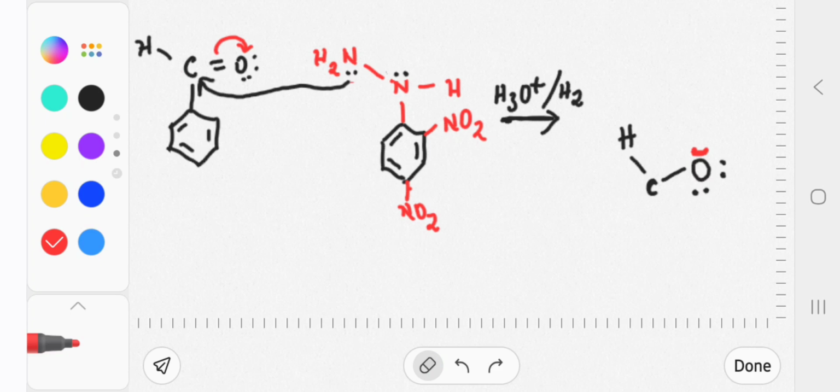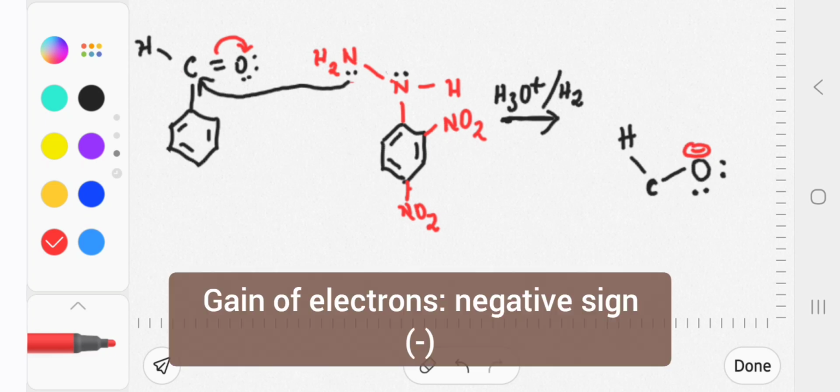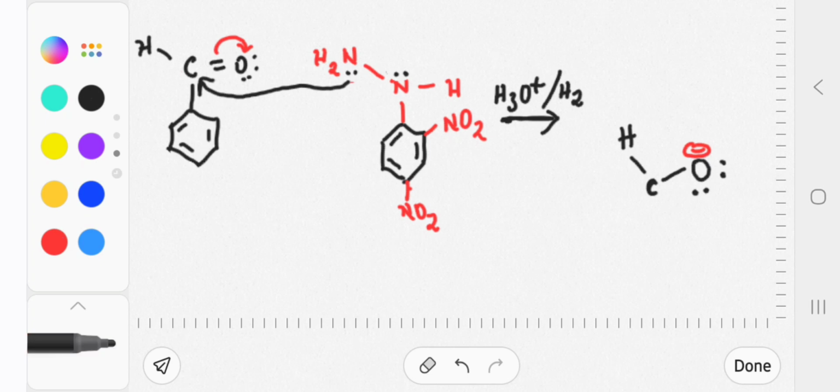So let me clean this up. It's going to look like this. So oxygen is going to carry a negative sign, to tell you that there are a lot of electrons there. Then, coming downward, we have a bond here. Then we have the benzene ring. This time around, I'm just going to represent it this way.